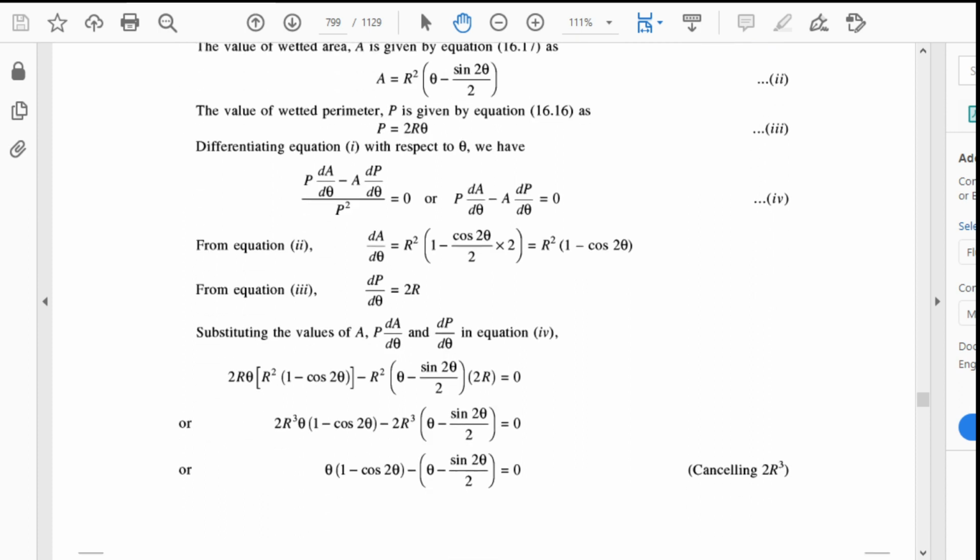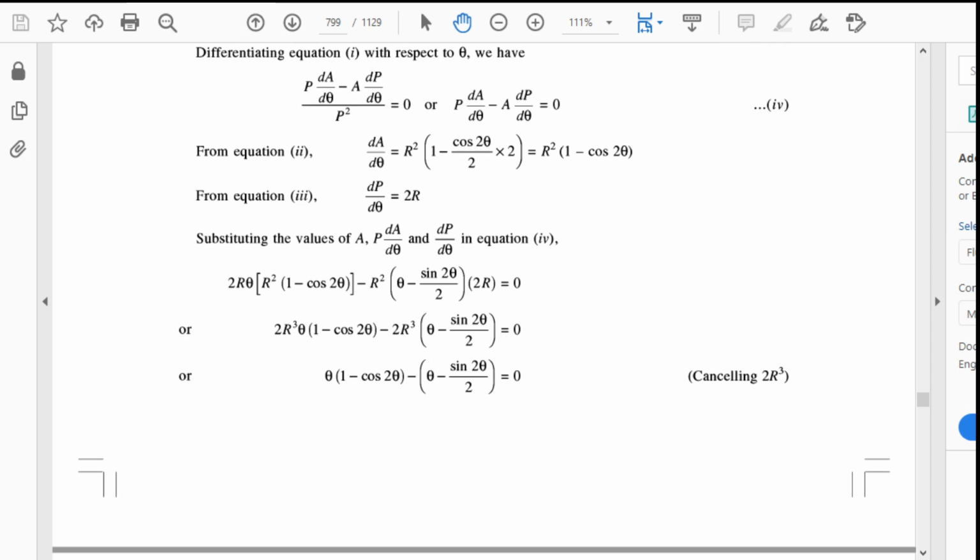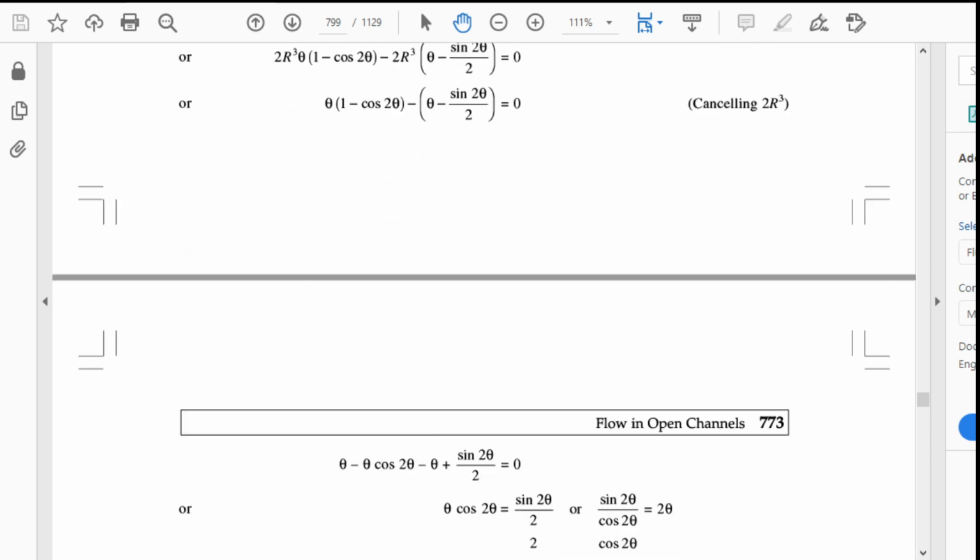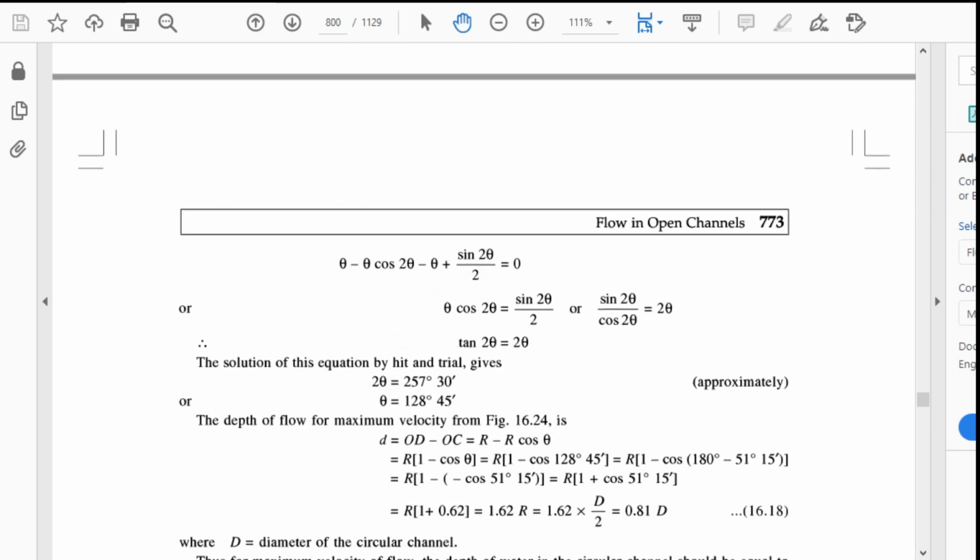By doing the mathematical calculations, you will get the value as sine 2 theta divided by cos of 2 theta equals 2 theta. This sine by cos will be tan. So tan of 2 theta will be your 2 theta.